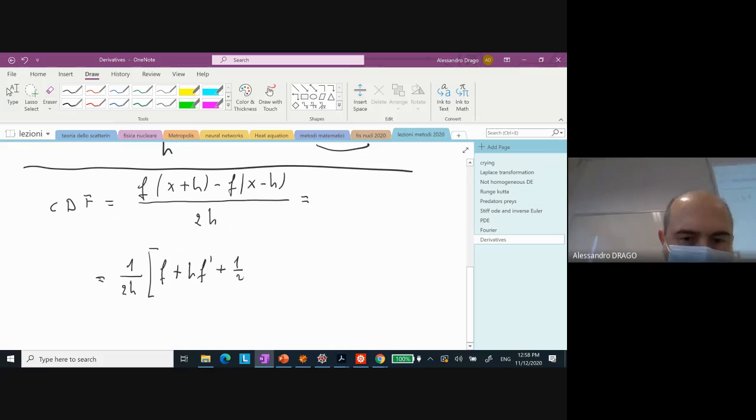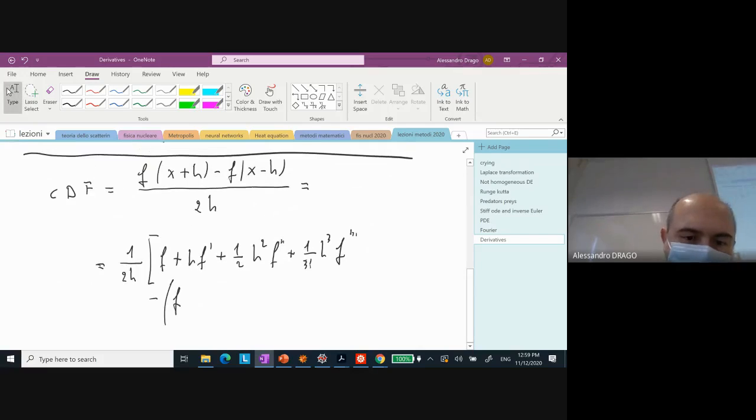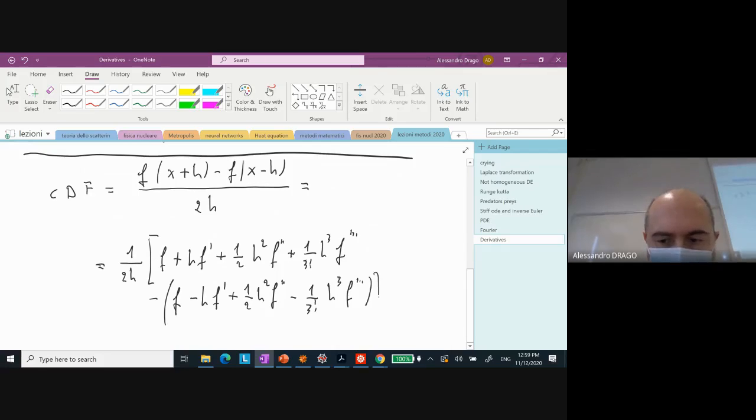plus 1/2 h square f second plus, okay, now it would be 1 over 3 h cube f third, minus, this is f minus h f prime plus 1/2 h square f second minus 1 over 3 h cube f third, closed.